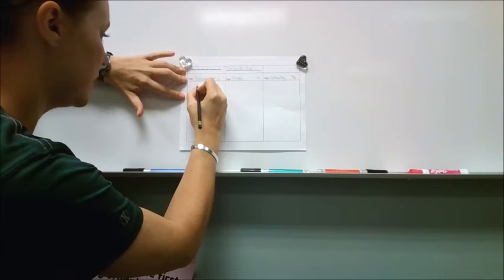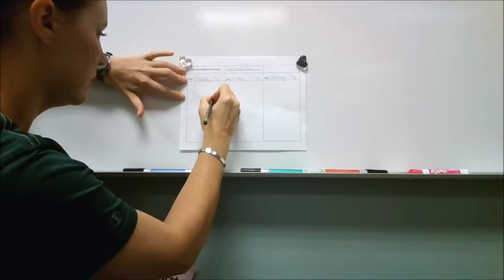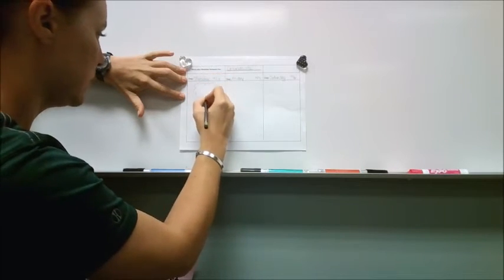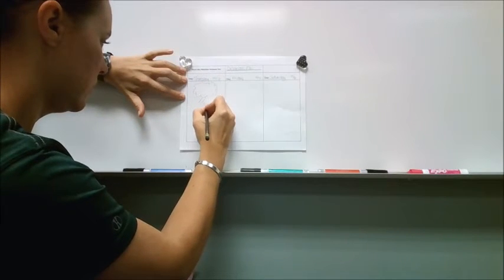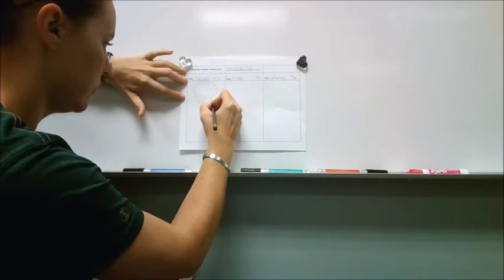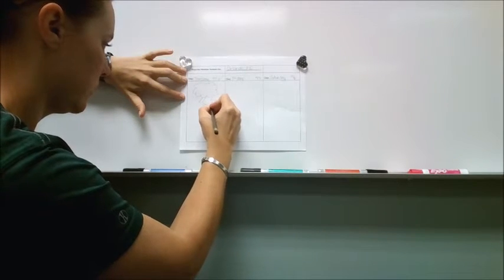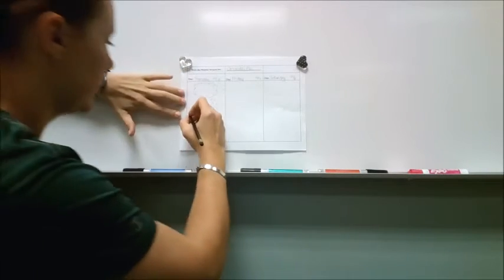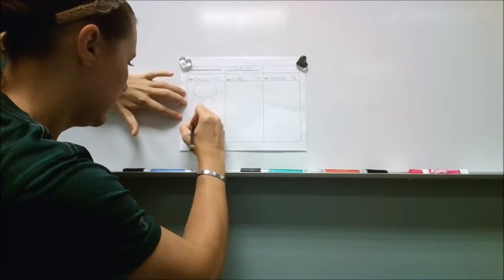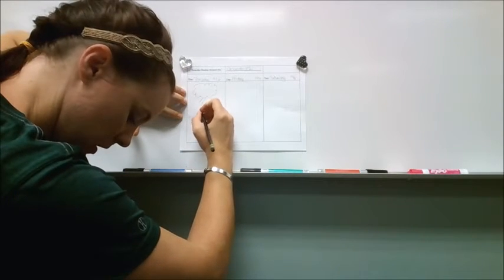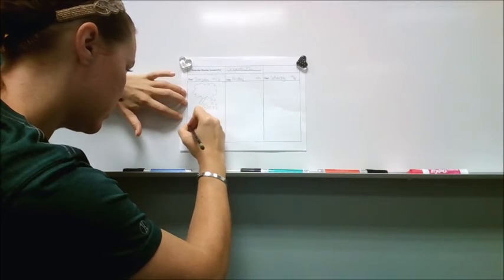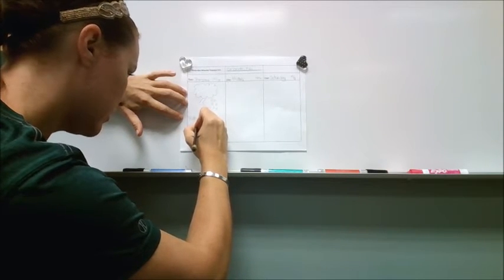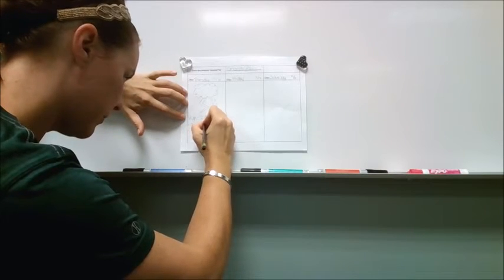So my picture for rain and thunderstorms is going to be a nice big cloud with lightning and lots of rain. All right, and our high in degrees Celsius was 29, and our low was 23.